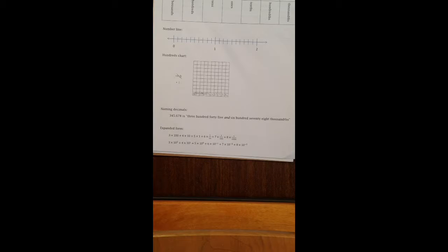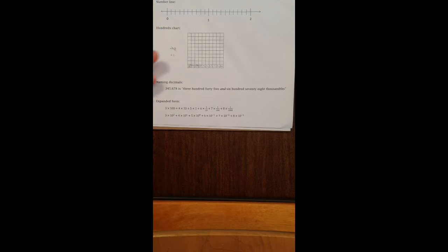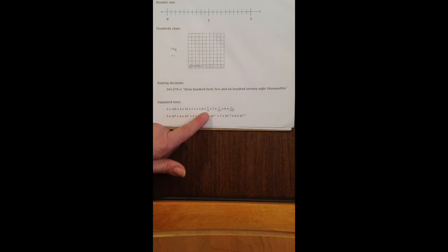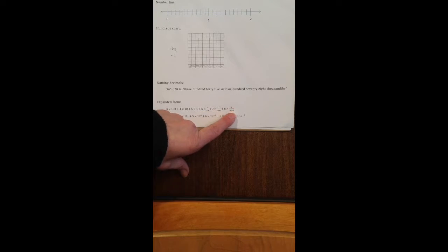So we've still got that issue of a name and a numeral for every number that you're responsible for. Expanded form, we've talked about it in bases, but now we're going to talk about it when we get into the decimal version. So this number that we talked about up here could be written as 3 times 100 plus 4 times 10 plus 5 times 1 plus 6 times a tenth plus 7 times a hundredth plus 8 times a thousandth.